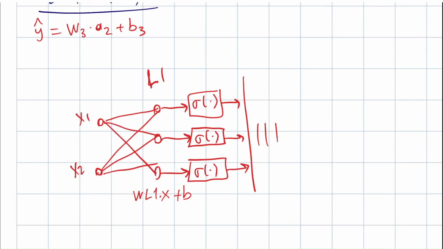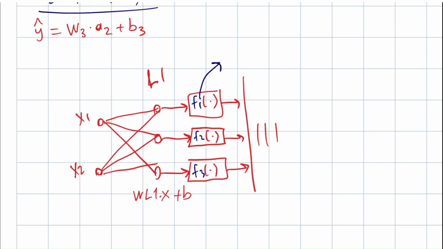Maybe what you need to have, for some reason, is really complicated. Maybe you have not sigmoid, but let me call them f1, f2, and f3.